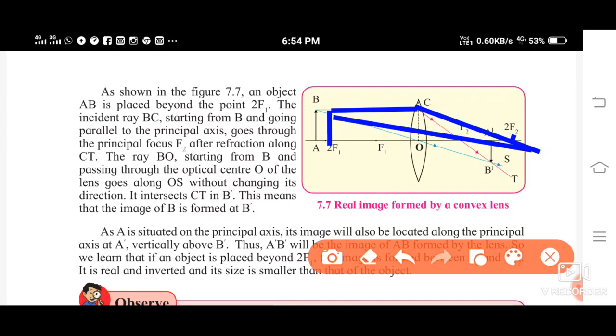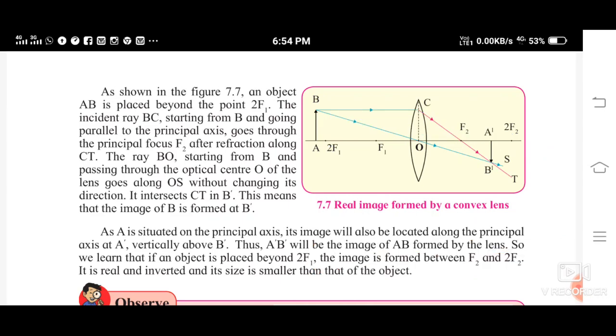Again, the image will be of the same size as the object at 2f1. It is an inverted image.